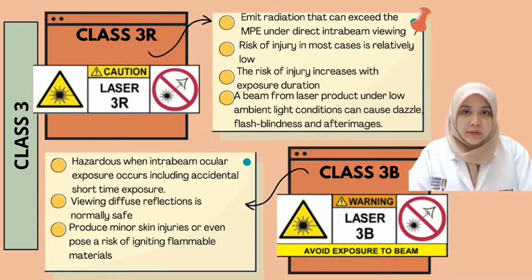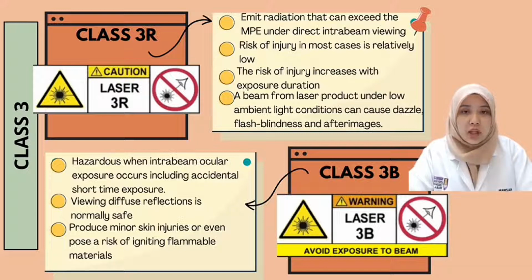For Class 3B laser products, they are normally hazardous when intrabeam ocular exposure occurs, including accidental short-time exposure, while viewing diffuse reflections is normally safe. Class 3B lasers, which approach the AEL for Class 3B, may produce minor skin injuries or even pose a risk of igniting flammable materials.